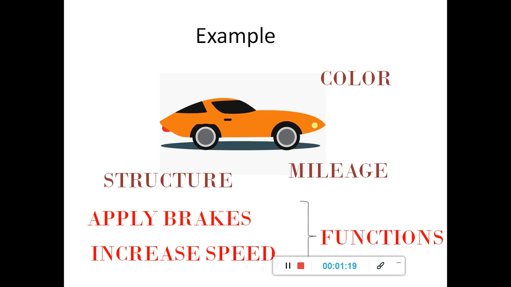So the properties here are referred to as member variables, and the behavior here is referred to as member functions. Behavior is nothing but how the class is going to behave. The behavior of a car is that it can apply brakes and it can increase the speed. So these are the terminologies used for a particular entity or class.